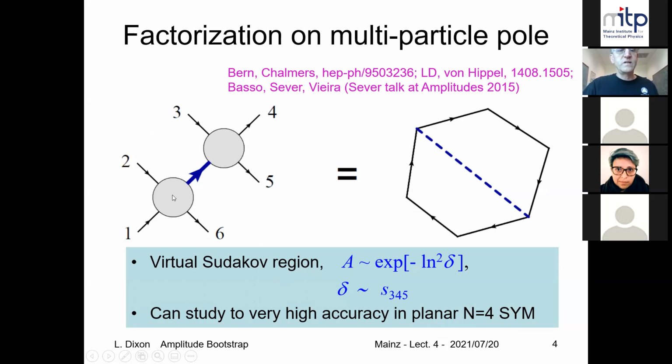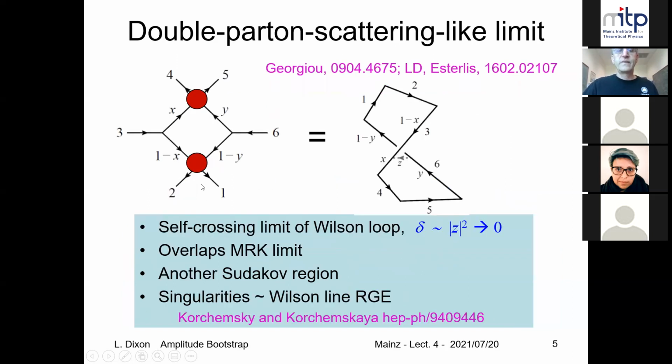I should mention that the leading power behavior only occurs in the NMHV sector, although there's some subleading power behavior in MHV as well, in terms of the gluon helicities.